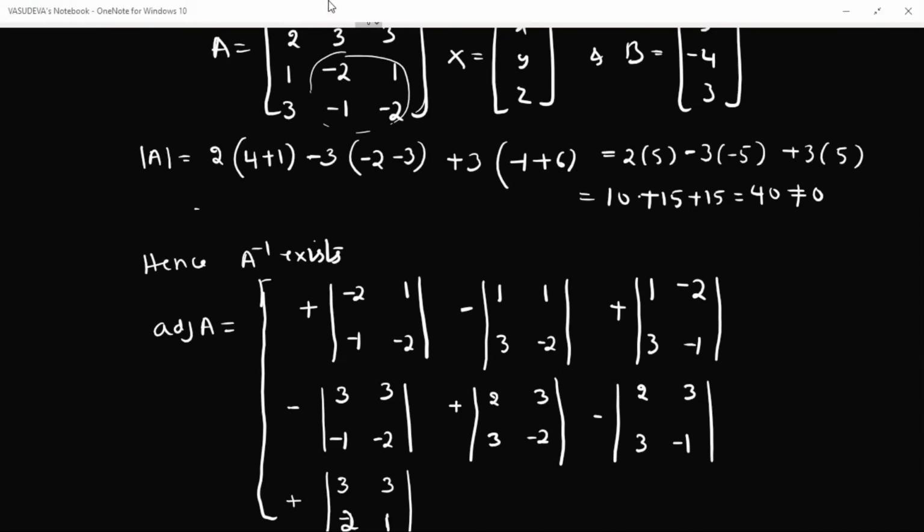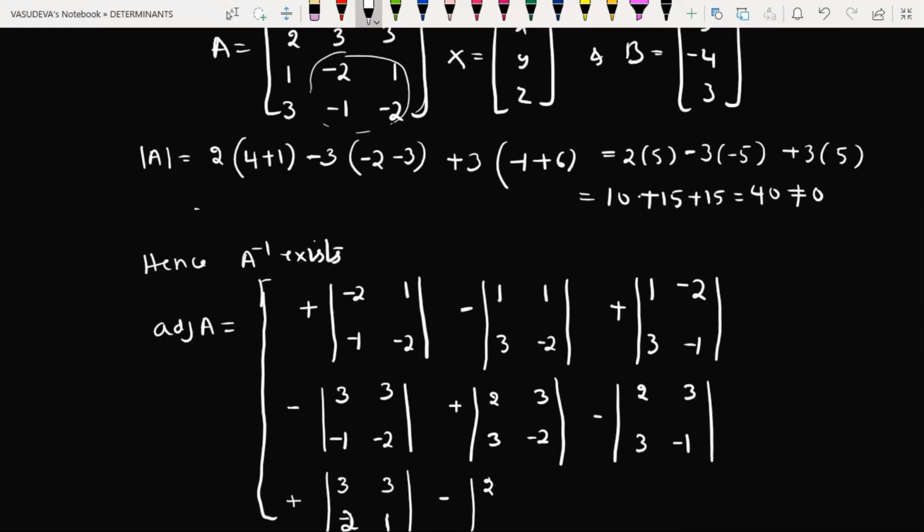Cofactor of 3, 3, and this is minus determinant of the cofactor of minus 1, leaving the elements of the third row and the second column, so we have 2, 3, 1, 1, then plus, leaving the elements of the third row and the third column, the remaining elements are 2, 3, 3, minus 1. So taking the transpose of this matrix.